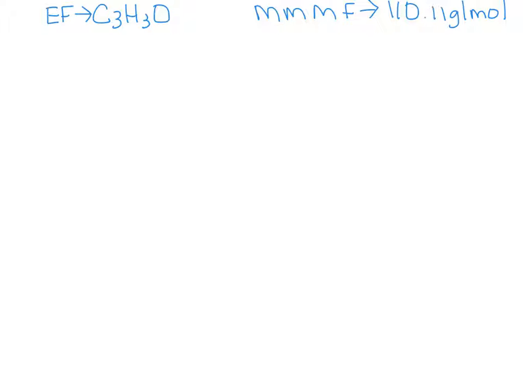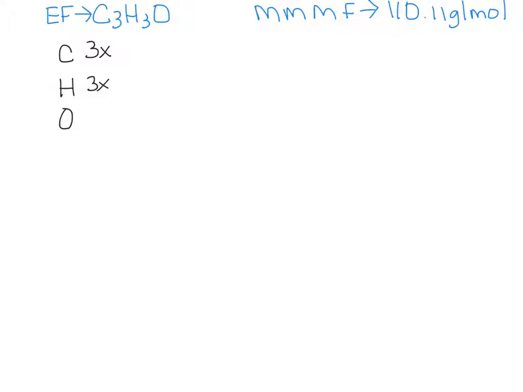Step 1 was to determine the empirical formula. We got it, C3H3O. The second step is to calculate the molar mass of that empirical formula. So remember, we're going to identify each of the elements, how many atoms there are of those elements.